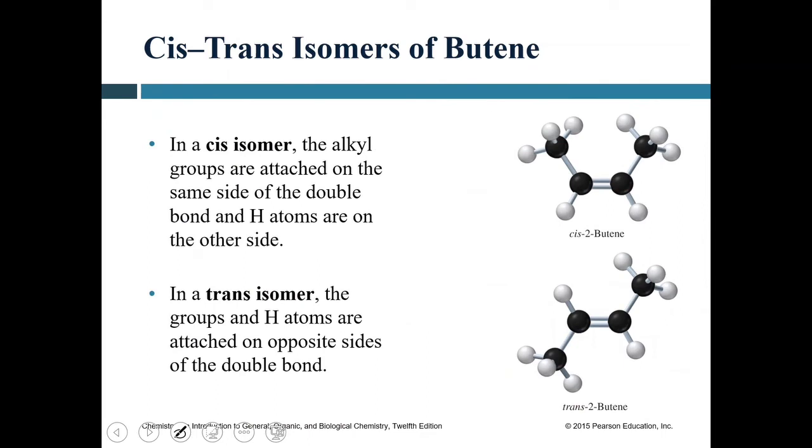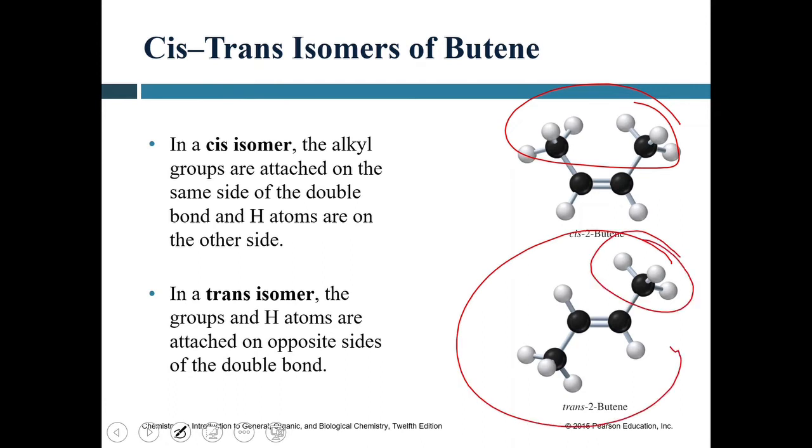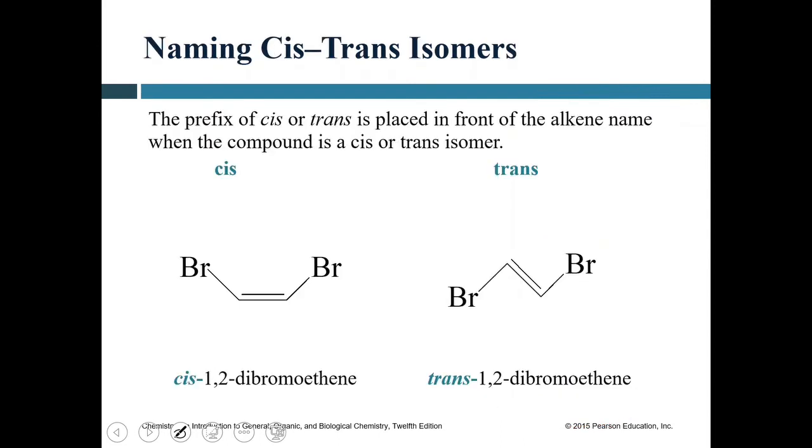So this illustrates how cis isomers are different from trans isomers. As we just discussed, in cis isomers the substituent groups, in this case alkyl groups, are attached on the same side of the double bond, and hydrogens are located on the other side. In the trans isomer, the substituent groups and hydrogens are on opposite sides of the double bond.